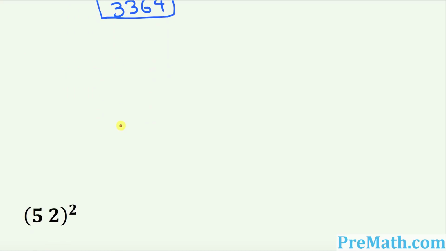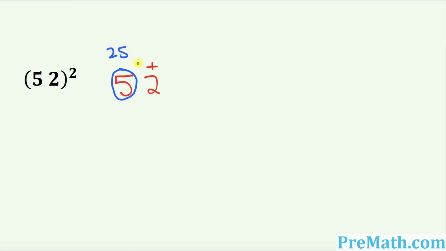How about this example? You help me out this time. How are you going to do this? This time we have 50 and 2 more, so you put a plus on the top of 2. Next step, take the square of 5, which is 25, and then add 2 to it, which makes 27.